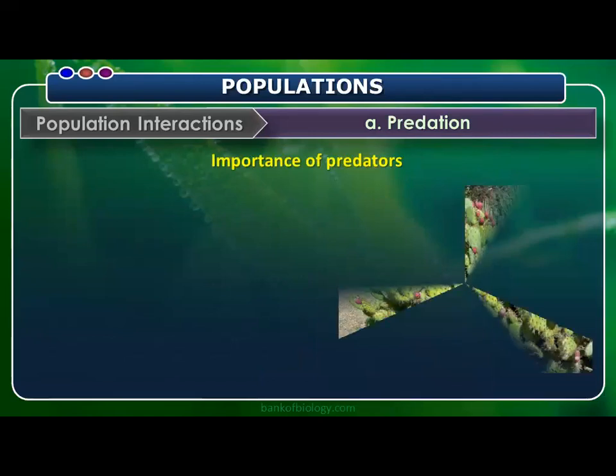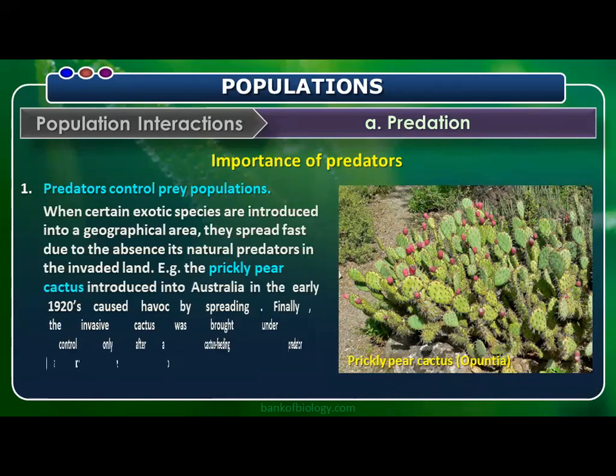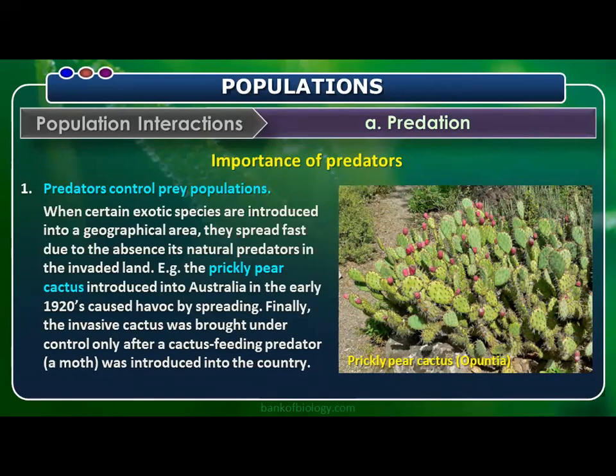So, the importance of predators. Predators control prey populations. For these features of predators, we will frame a statement and then give an example for the statement. Predators control prey populations. When certain exotic species are introduced into a geographical area, they spread fast due to the absence of natural predators in the invaded land.